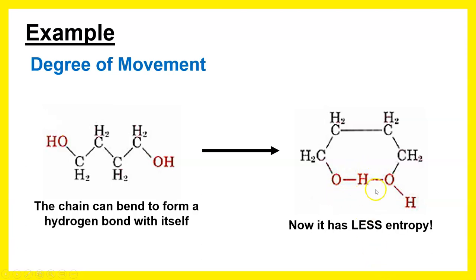One end is donating the hydrogen to the hydrogen bond, and one end is receiving it. Hydrogen bond donator, hydrogen bond acceptor. And look what happens to the overall shape. Now it can't move around nearly as much. This ring shape does not have as much degree of movement. This would be a decrease in entropy.